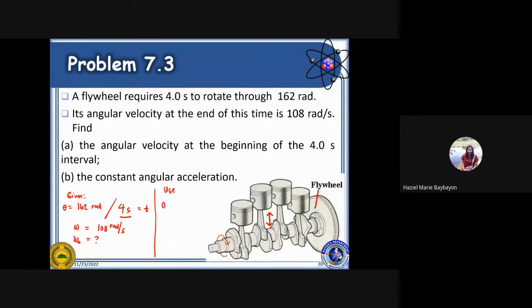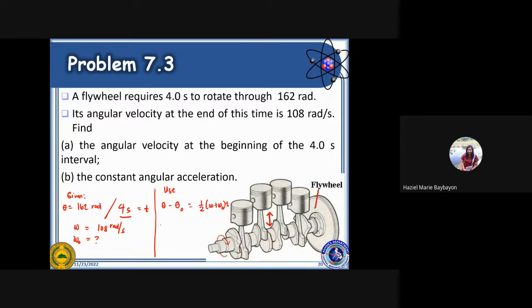You have theta minus theta naught equals also to 1/2 of omega plus omega naught times time. So kini, kining gihatag class, this is the delta theta, theta minus theta naught. So itong ipangitaon kay time.